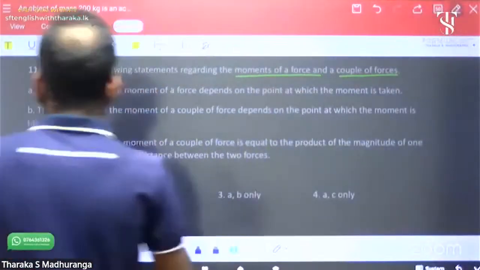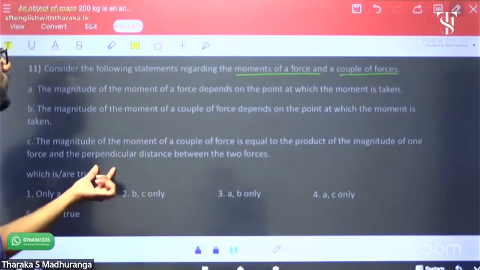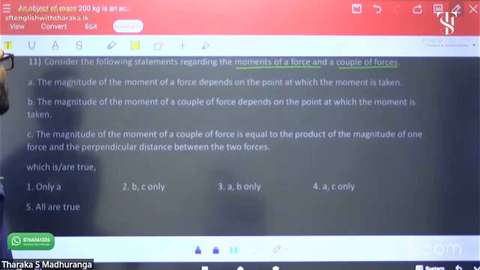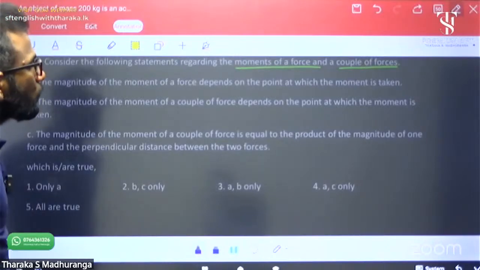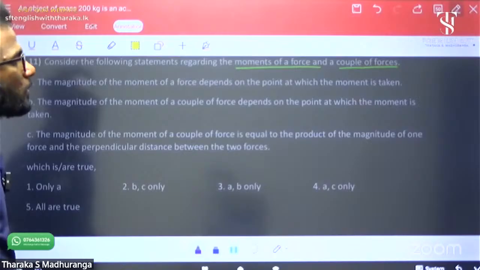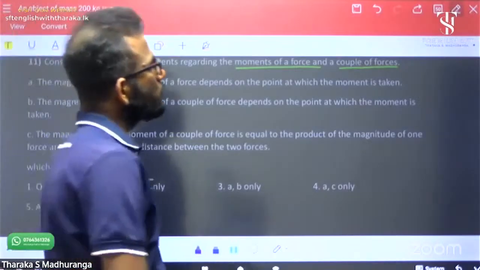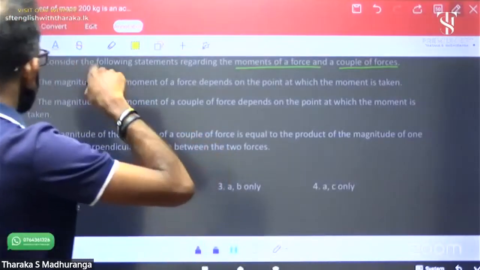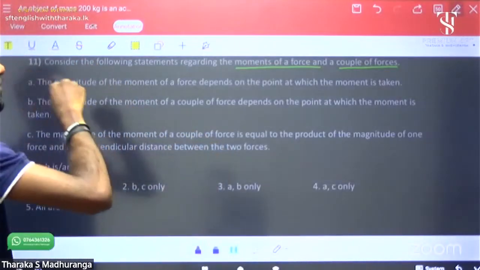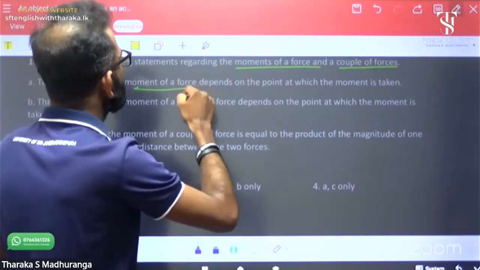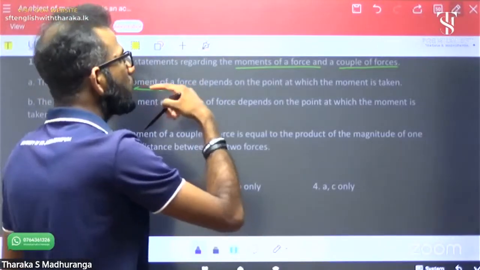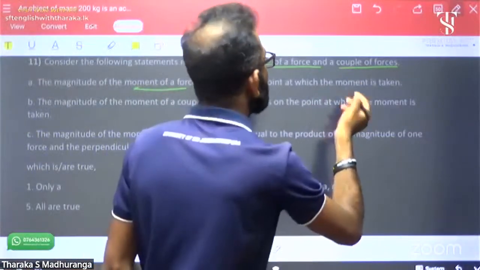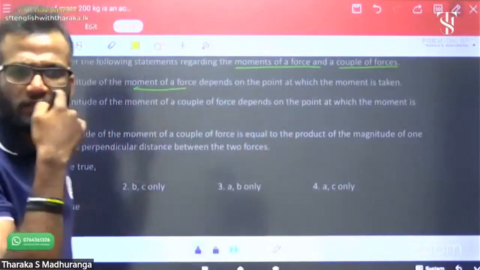Statement A: the magnitude of the moment of force depends on the point at which the moment is taken. Is it correct?